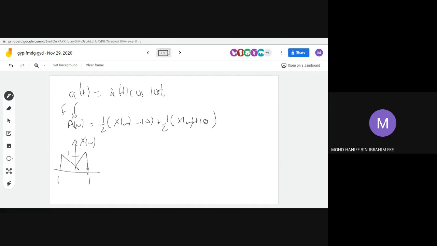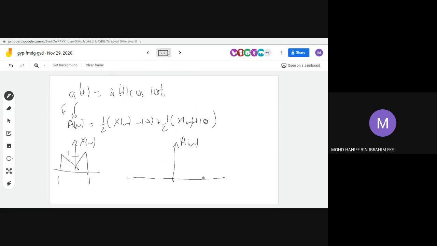So based on the given X(ω) here, and this equation for A(ω), A(ω) can be written based on X(ω) shifted by 10 units to the right, and then also shifted by 10 units to the left. The amplitude for both of these shifted copies shall be reduced by half.